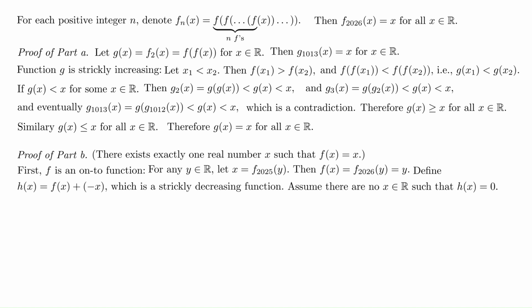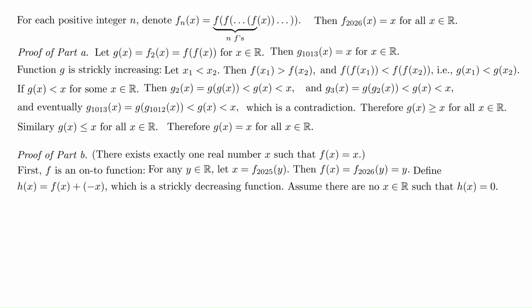In this video, I'm going to give an elementary proof that is accessible to high school students without a background of real analysis. The objective is to prove function h has one single root. h is a strictly decreasing function, so it has at most one root.